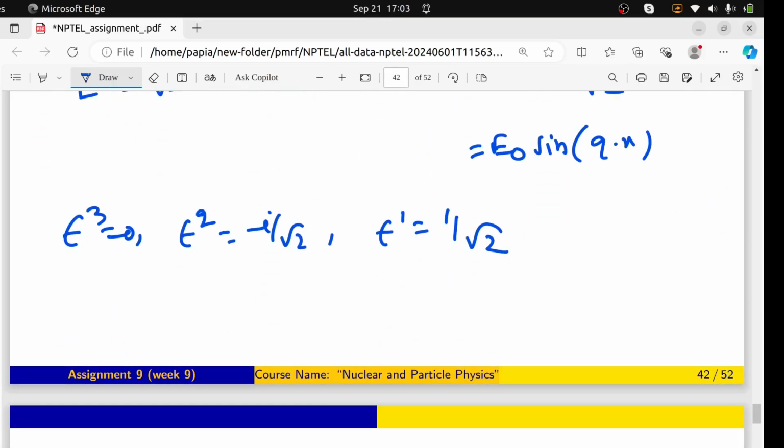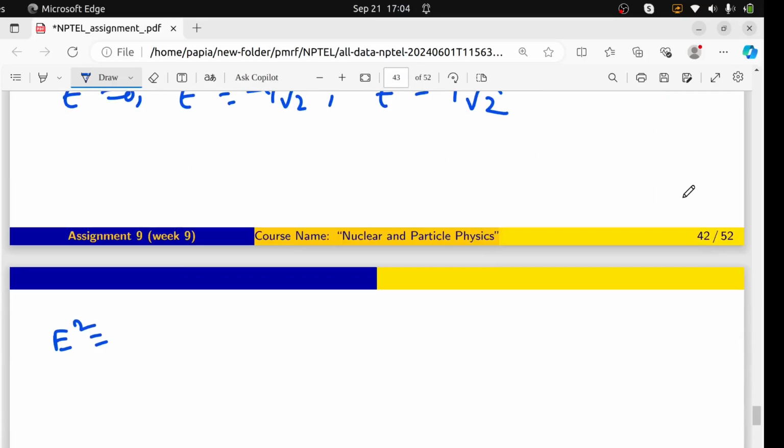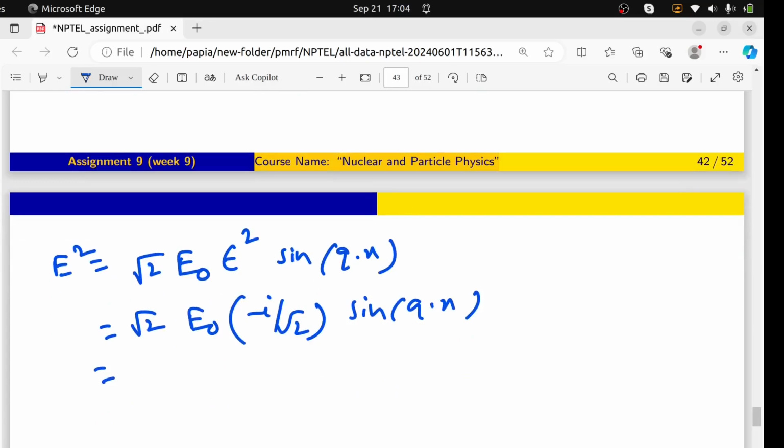Now coming to E2. E2 is root 2 E0 epsilon 2 sin q dot x. So root 2 E0 minus I by root 2 sin q dot x. So it is minus I E0 sin q dot x.